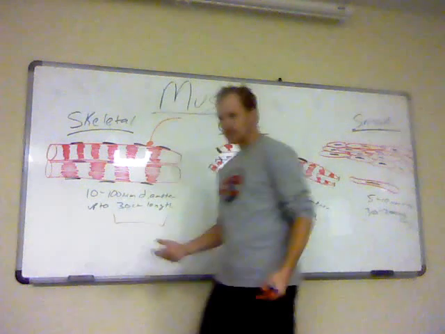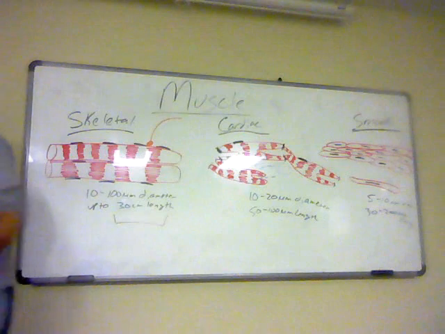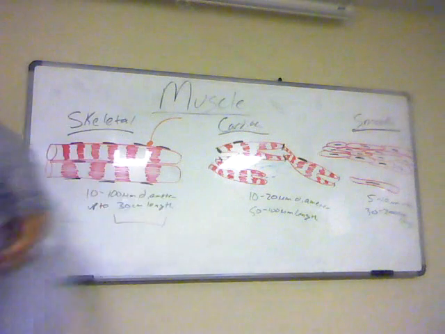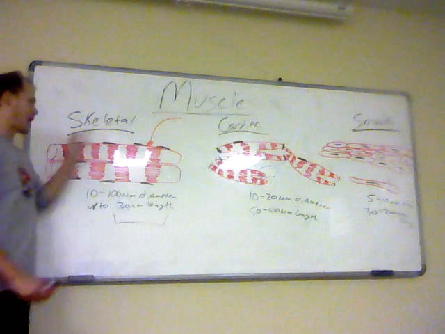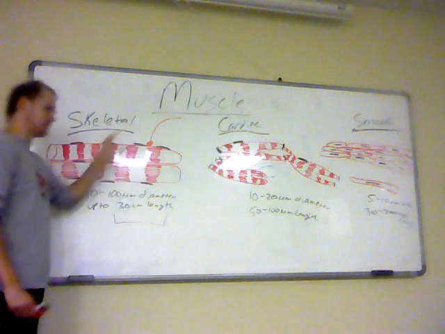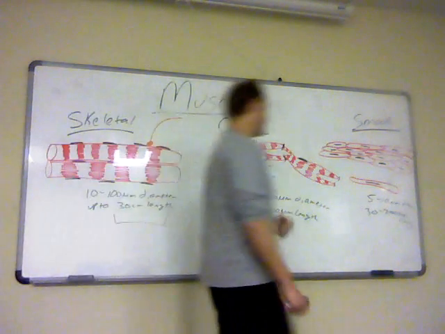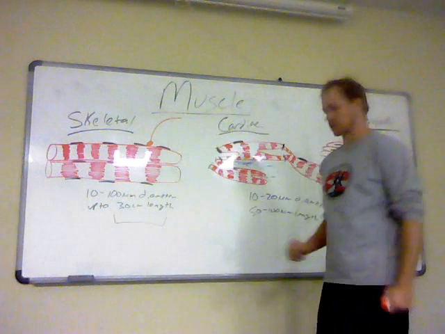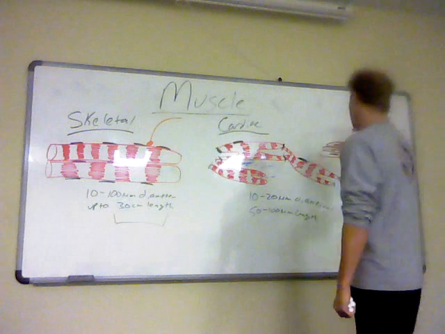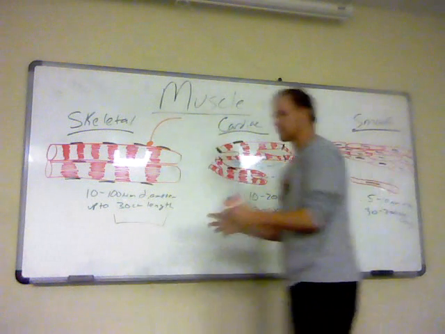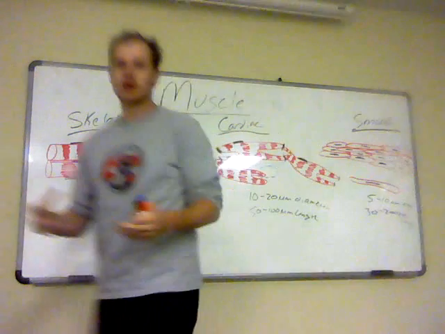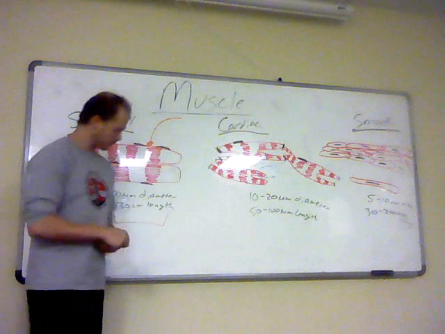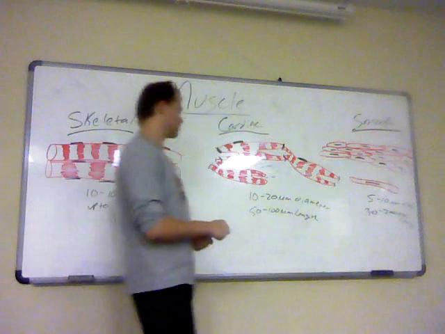But if I'm lifting a heavier object, like this chair, that's going to require more strength, and I'm going to recruit more muscle cells to contract. So based on the load that we're applying to skeletal muscles, certain numbers of skeletal muscle cells are going to contract. Whereas cardiac and smooth muscle, even though they're made up of individual cells, tend to behave as singular units, like one big singular unit of tissue.